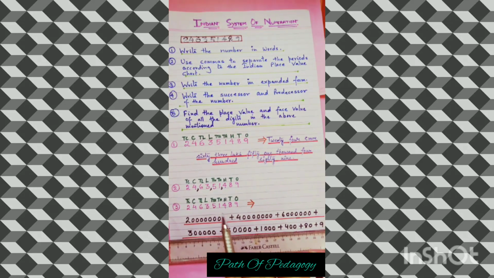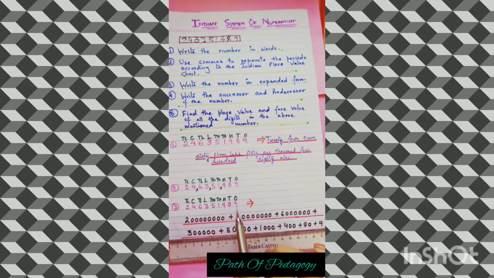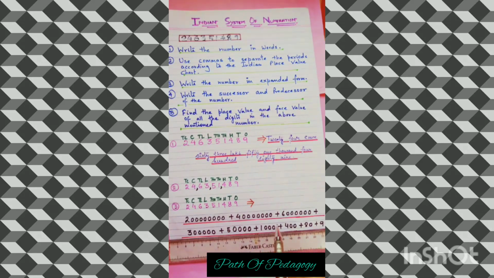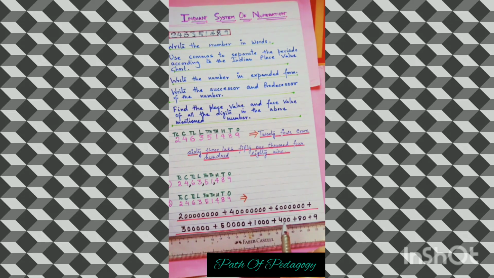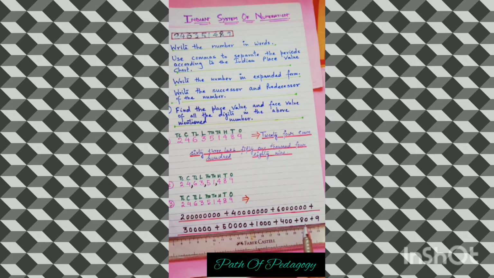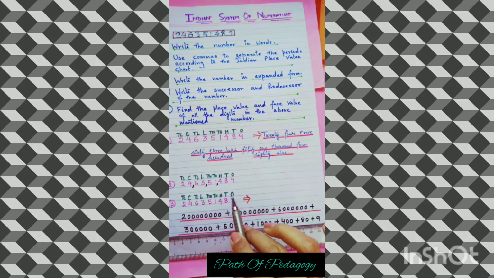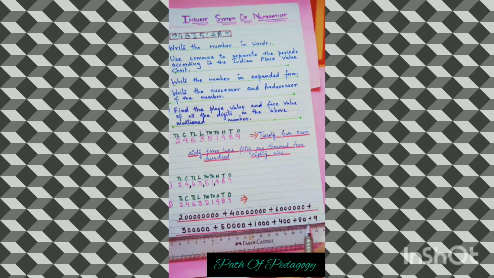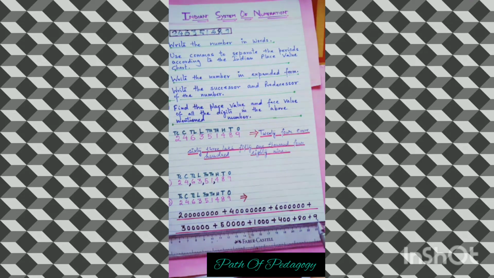Then 1, 1, 2, 3, 3 digits, so give 3 zeros. Then 4, 2 digits after 4, so write 2 zeros, then give a plus sign. Then 8, after 8 there is only 1 digit, so put only 1 zero, then give a plus sign and it is 9, so you will write 9.